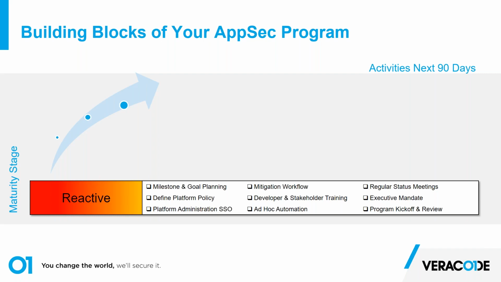If you're in the reactive stage, you need to get out of the reactive mode and start working towards getting a baseline of your current exposure and risk across a larger scope of programs. This means having a defined process that's repeatable and scalable. We can highlight the executive mandate here.